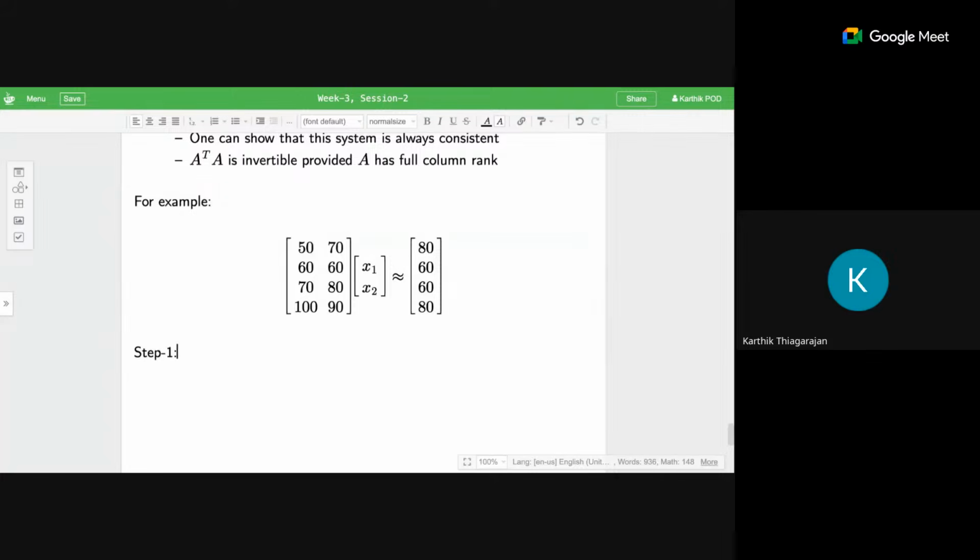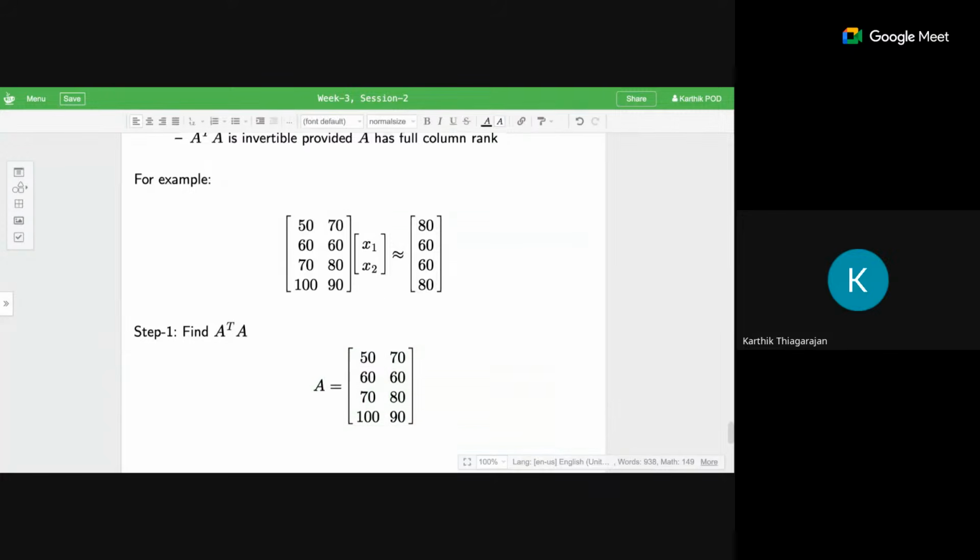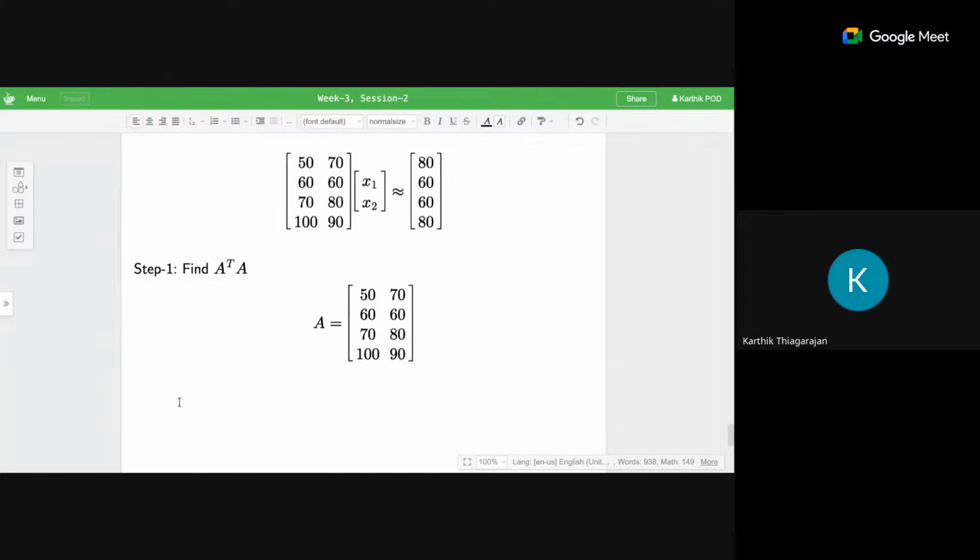Step one would be to find A transpose A. You transpose A and find A transpose A. Step two would be to find A transpose B. I'm just writing down the steps alone.